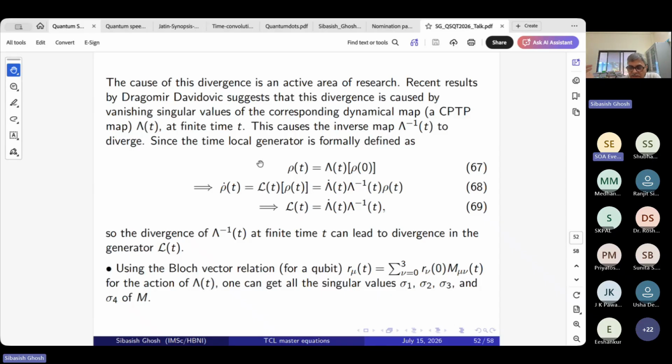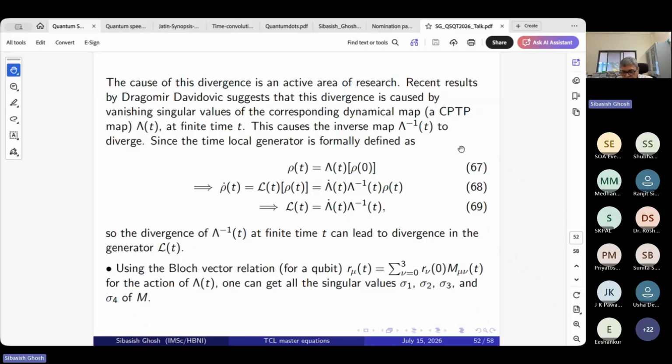Ultimately, if you look at GKSL or other master equations, wherever it attains a steady state or equilibrium, the singular values of the dynamical map will eventually vanish, at large time limit.